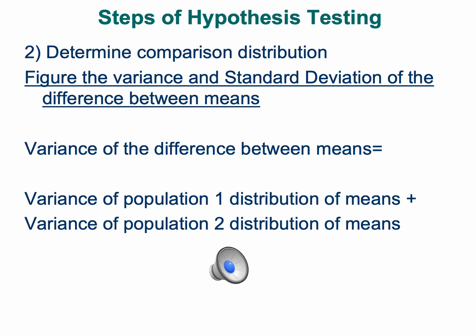And so we need to know what the variance is for this comparison distribution of difference scores between means. Now to calculate that, it's relatively simple. You take the variance of the population 1 distribution of means, which we just calculated in the previous slide, plus the variance of the population 2 distribution of means. You add those two together, you get the variance estimate for the difference between means.